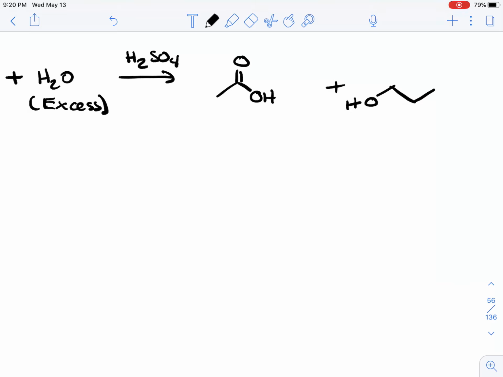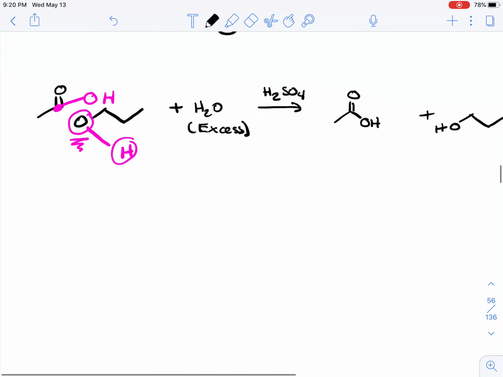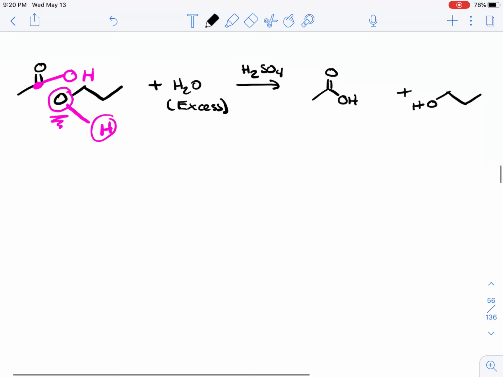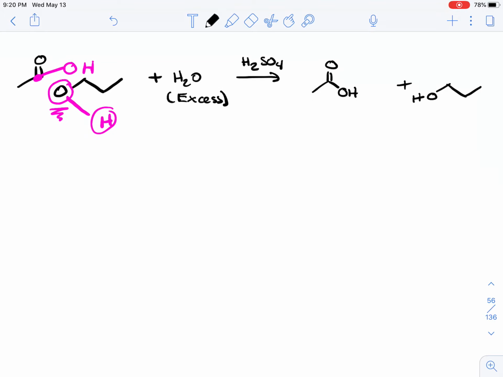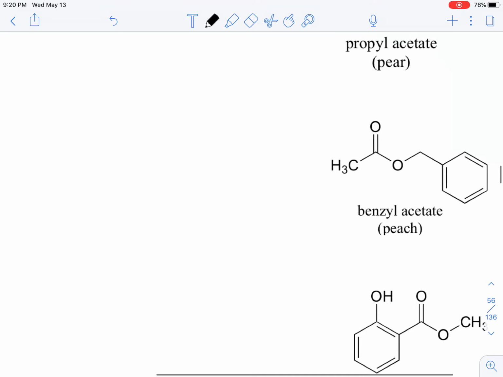And this would be our product. All right, and so let's go ahead and go through another example. So let's go ahead and do benzyl acetate.